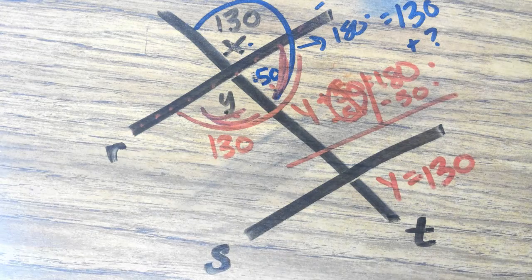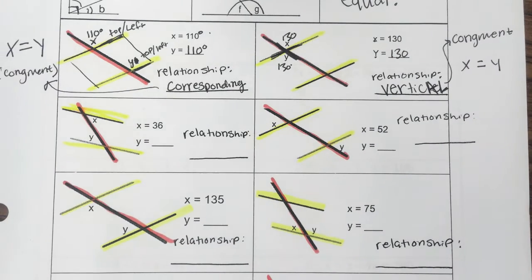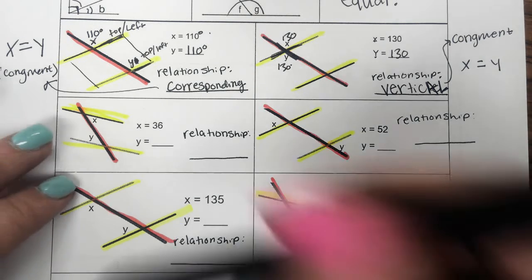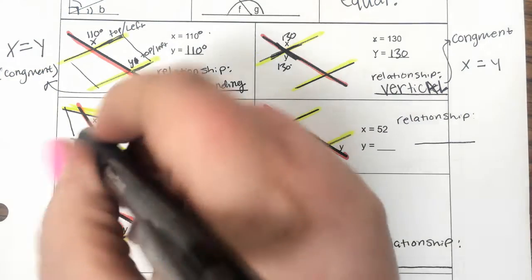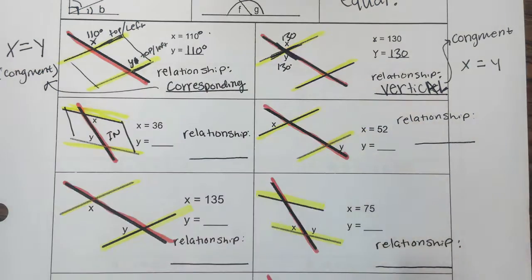I'm going to erase that a little bit, and we'll get back here. Okay. The next set of angles I've got. Here are my parallel lines. X and Y are both inside of the box, so I know I'm dealing with some sort of interior angles.